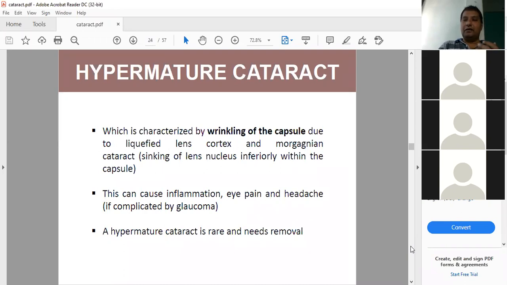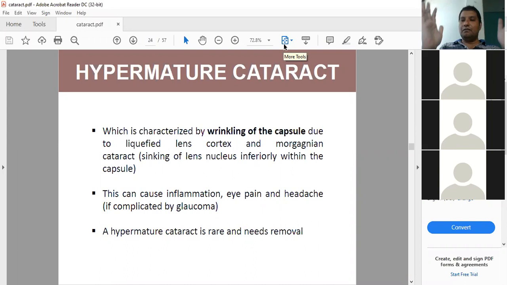In Morgagnian cataract, small defects appear in the anterior capsule, and through these defects the lens protein can go into the trabecular meshwork, leading to glaucoma. This is called phacolytic glaucoma. Phaco means lens, lytic means lysis. So this glaucoma is because of lysis of lens fibers.